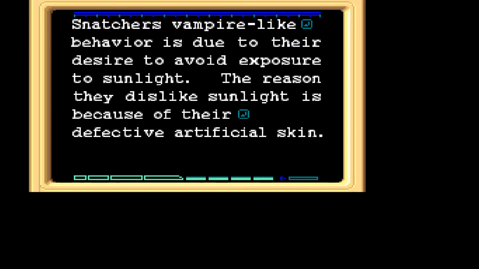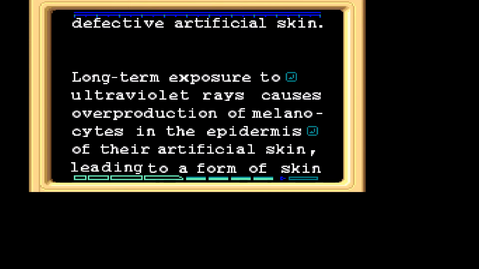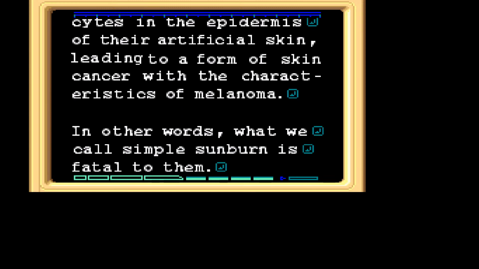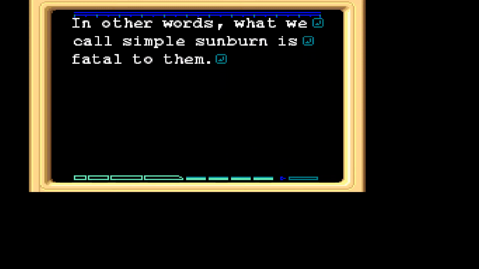The reason they dislike sunlight is because of their defective artificial skin. Long-term exposure to ultraviolet rays causes overproduction of melanocytes in the epidermis of their artificial skin, leading to a form of skin cancer with the characteristics of melanoma. In other words, what we call simple sunburn is fatal to them.